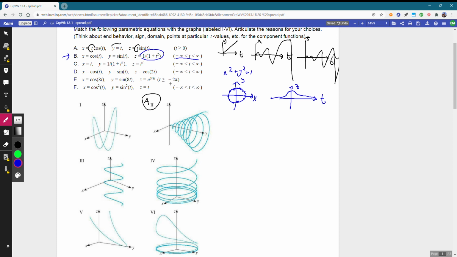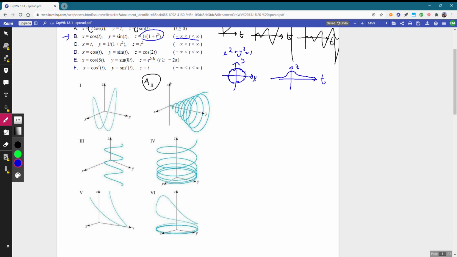So something like that, bounded z to start. Bounded z values could be 1 or 6. And only 6 seems to have this kind of spiraling around, kind of getting closer and closer to 0 for the z value. And so B is matched up with 6.